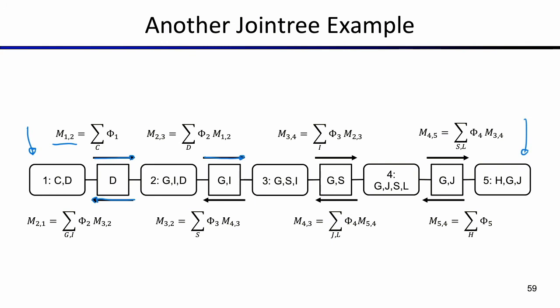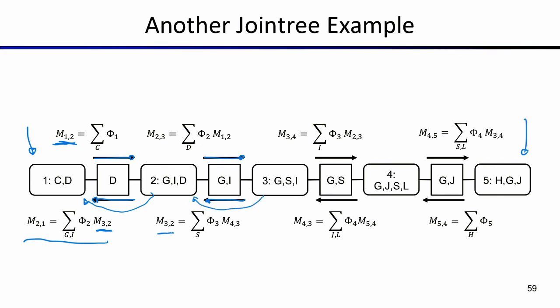Because in order to send this message, I need to receive a message from node 3. Take a look here. That's the definition of the message from 2 to 1. It doesn't mention the message from 1 to 2. It just mentions the message from 3 to 2, that is this message here. So in order to have the message from 2 to 1, I need the message that came from 3 to 2.